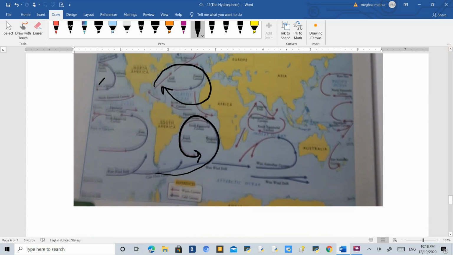Now the pink lines tell you about the warm currents, and the purple lines tell you about the cold currents. So you can see that when they are moving from the equatorial region towards the polar region, they are pink, but when they reach near the polar region, they convert into purple lines, because now the temperature of the water has become cold. So now they are purple.